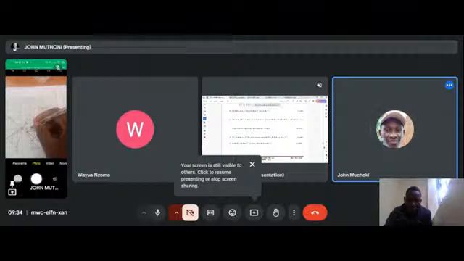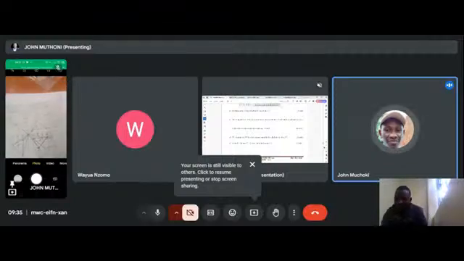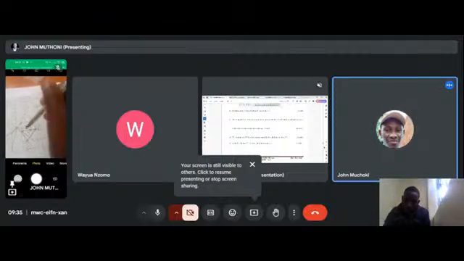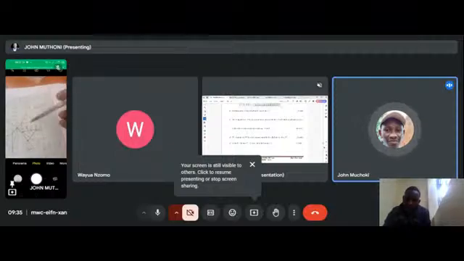Draw the T triple prime. So what we need to do, if it is a negative enlargement, then the image and the object will be on the opposite side of the center of enlargement. If it is positive, then the image and the object will be on the same side.